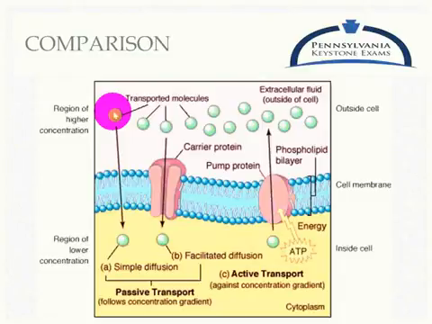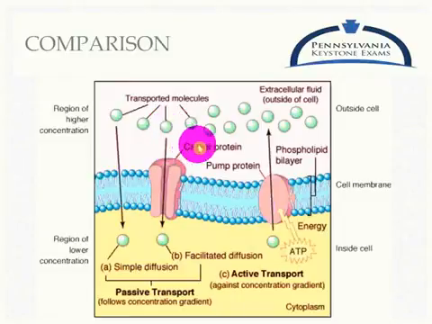So you can see here, simple diffusion is going to be a small particle moving from a high concentration to a low concentration, a nonpolar molecule, and it's able to simply go through a pore, a hole, an opening in the cell membrane straight across. Facilitated diffusion is when a molecule is too big to go through the cell membrane on its own, or it could be charged or polar.